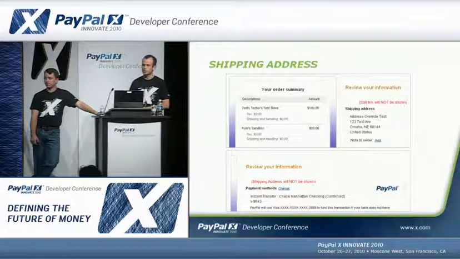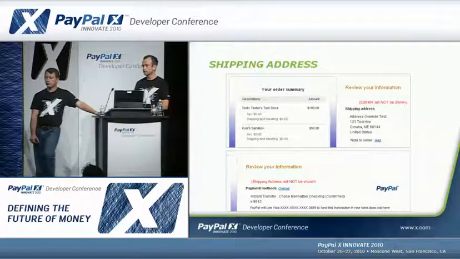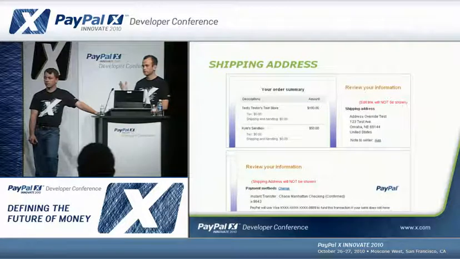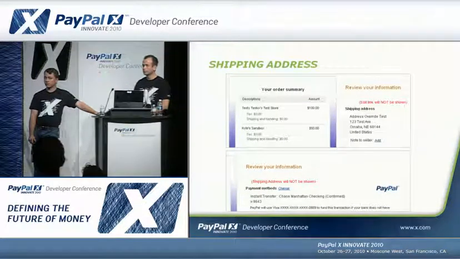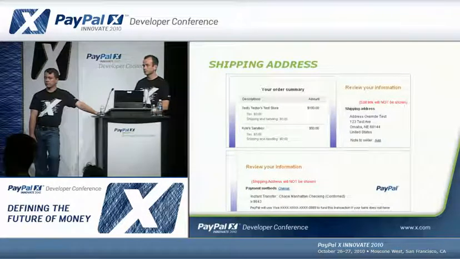Yeah, the Express Checkout product is to complement a credit card processor, whether it's PayPal's Website Payments Pro or another credit card processor. We have our own credit card gateway, but there are also people out there that use VeriSign or Authorize.net to process credit cards, and you can take your PayPal payments with the Express Checkout APIs.